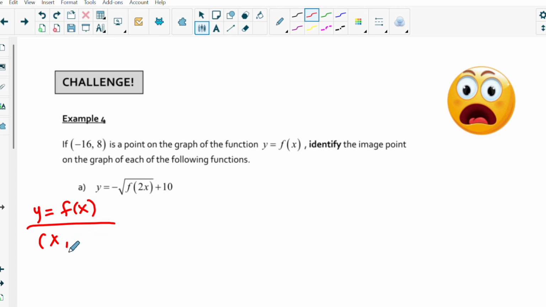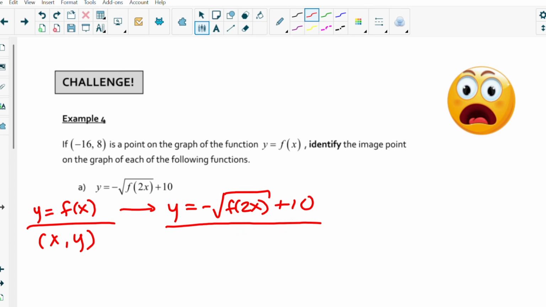The image point is x, y. And I transform that to y equals negative f of 2x plus 10. Well, what am I transforming that into?